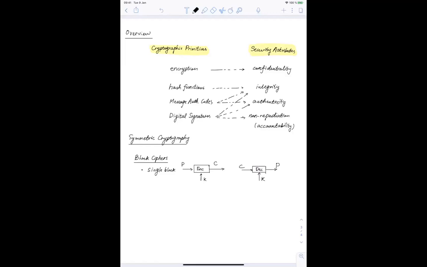So this is the mode of encryption and decryption of one single block.